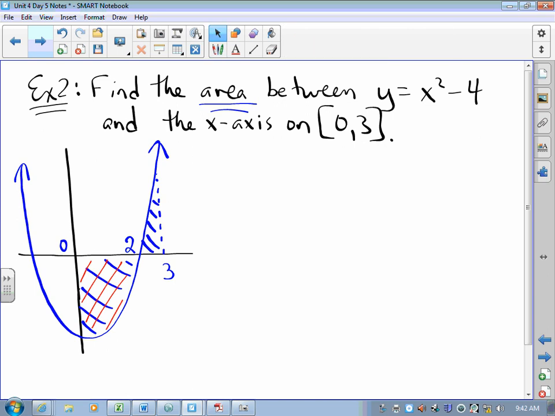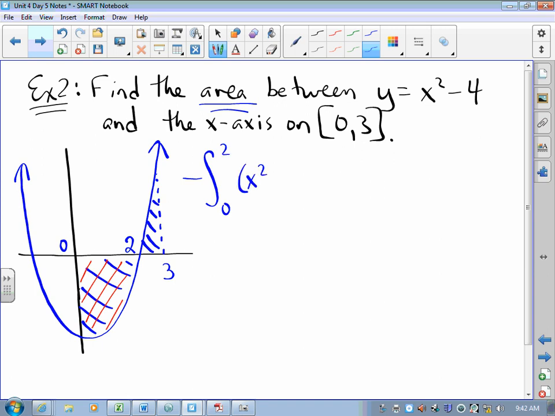Area, everybody goes positive. So what I need is the opposite of the integral from 0 to 2 of x squared minus 4 dx plus the integral from 2 to 3 of x squared minus 4 dx.